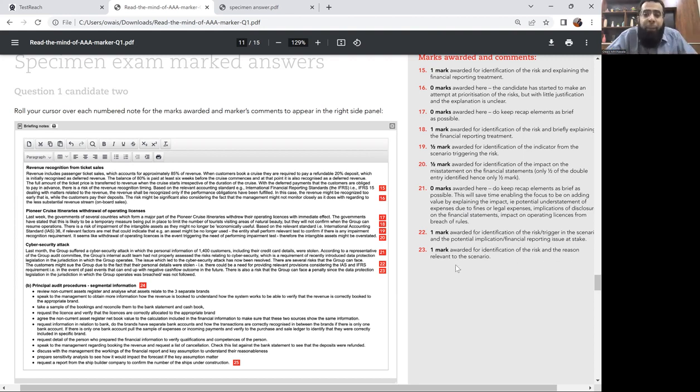So he's explained the cybersecurity attack, but he has kept it brief. Otherwise, he would have got 3 marks if he had referred to IAS 37 in more detail.